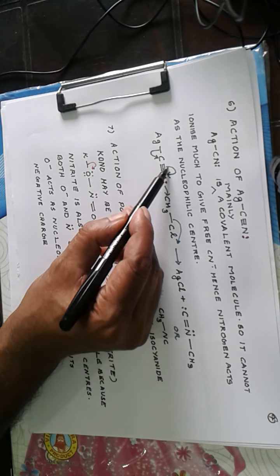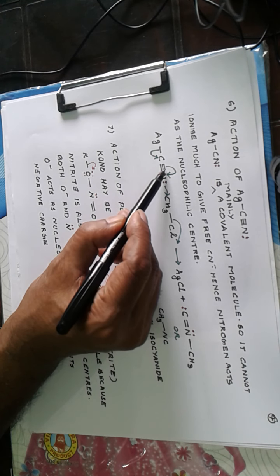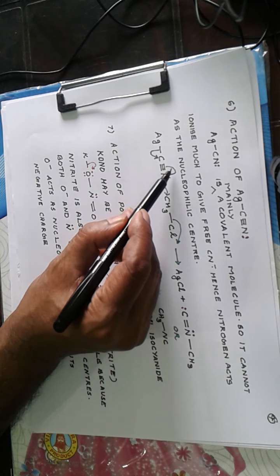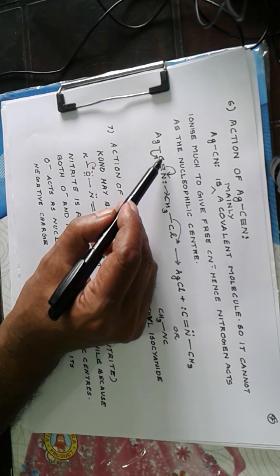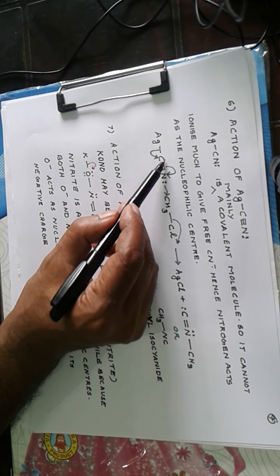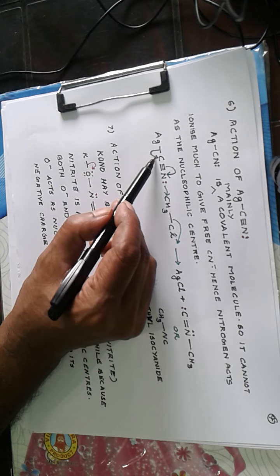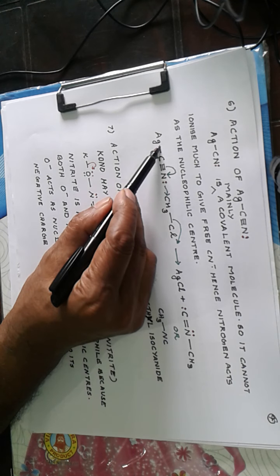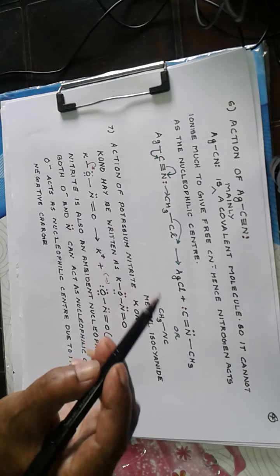Then when this pair of electrons is moving into the orbital of nitrogen, carbon loses its share of electrons, so it gets a positive charge. To neutralize the positive charge developed over carbon, the bond between Ag and carbon will shift into the orbital of carbon, so that carbon gains the share of electrons of Ag and the created positive charge gets neutralized.